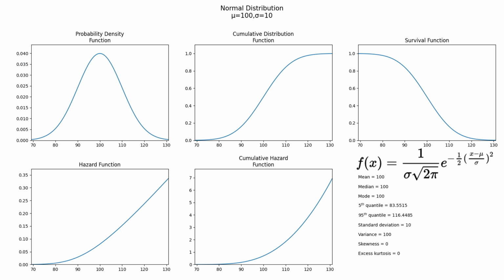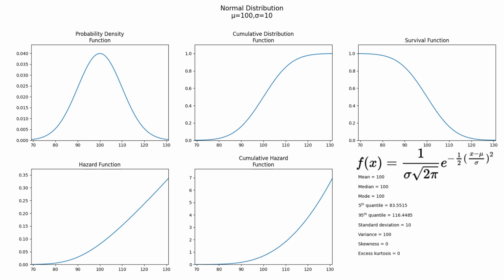Finally, I would like to talk about the normal distribution. This distribution is well suited for wear-out failures, for failures due to some kind of wear. And it always has this bell-shaped curve for the probability density function, and the hazard is increasing, so the risk is increasing over time.